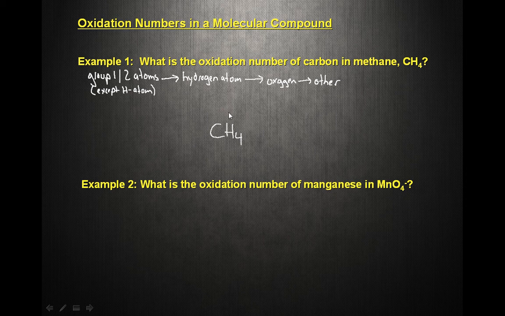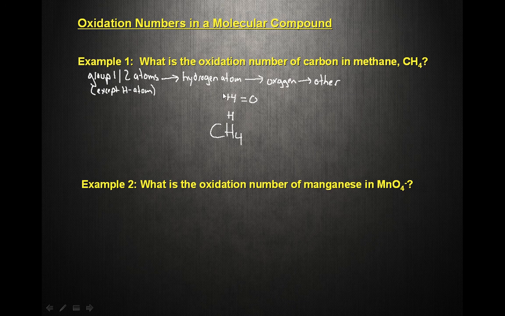And hydrogen is +1. Now, if you've got 4 hydrogens, 4 times +1 is +4. You'll notice this whole thing doesn't have a charge. It doesn't say CH4 +1 or CH4 -1. It's CH4 0.